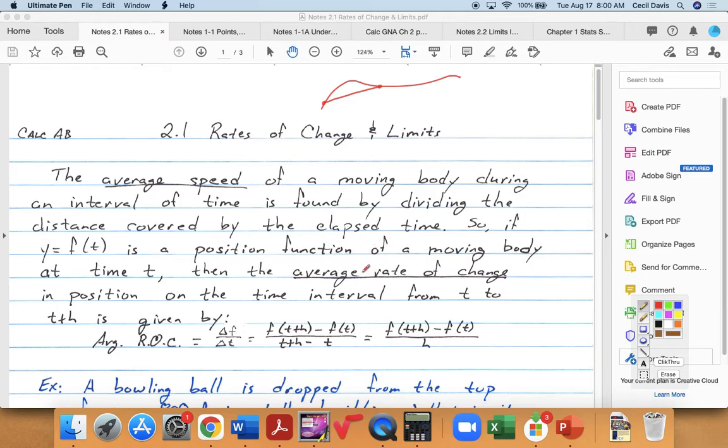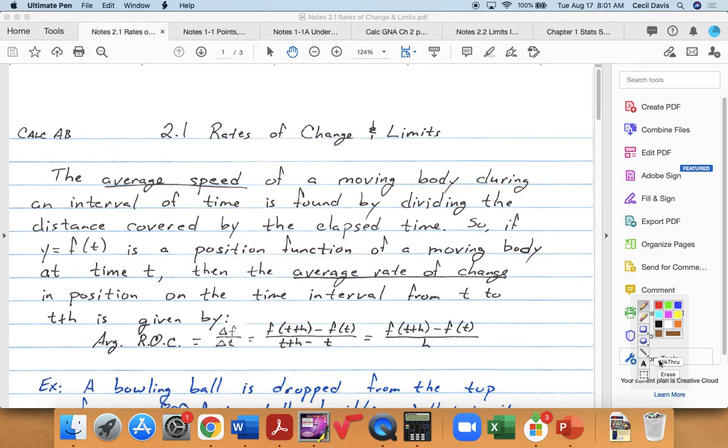It's a pretty cool idea. It's just the change in the function, delta f, over delta t. That slope gives you the average rate of change. Okay? Average rate of change, we're going to come back to it several times. What we're eventually interested in, though, is instantaneous rate of change.